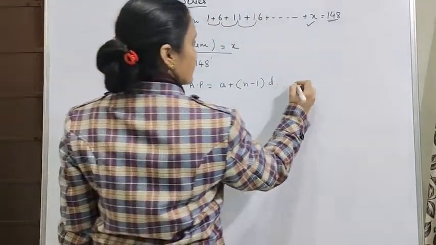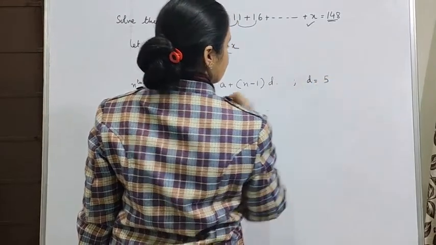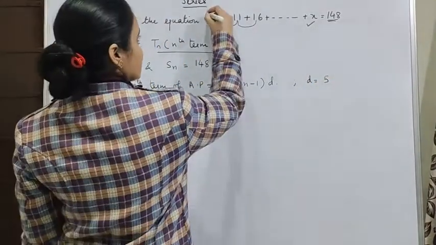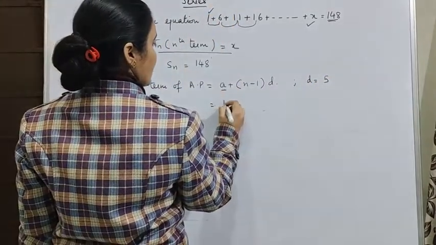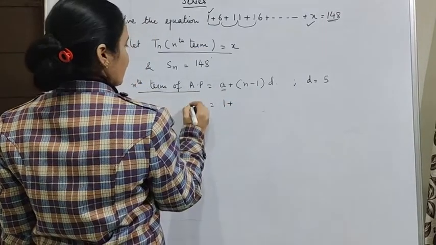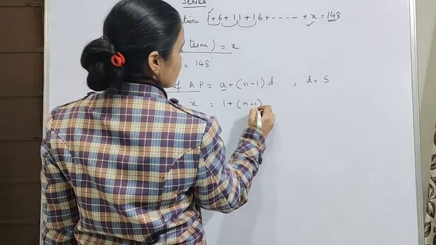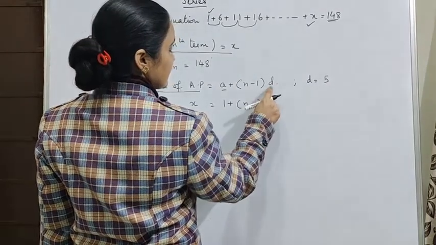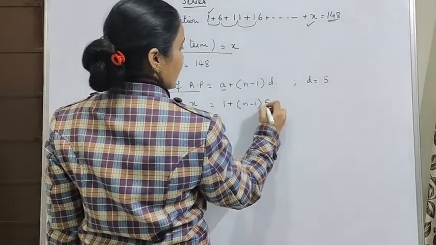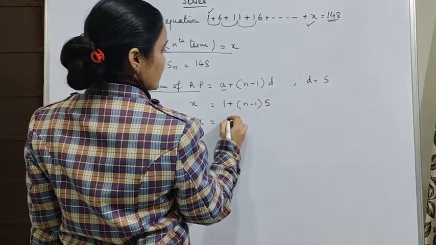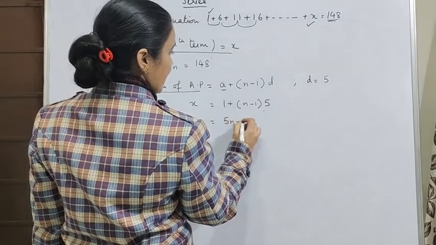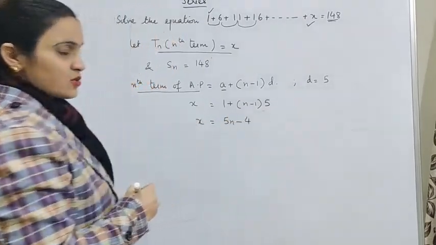So the common difference is 5. What is A? The first term is 1. So the nth term is x equals 1 plus (n minus 1) times 5. So x will be equal to 5n minus 4. So this is our x.